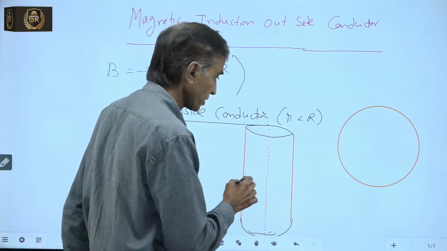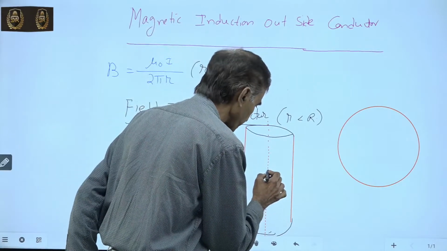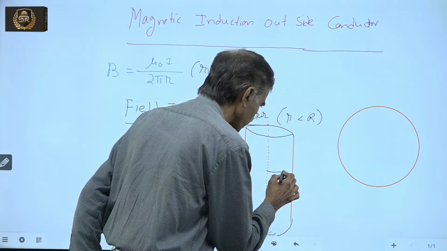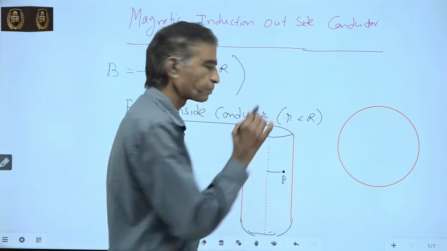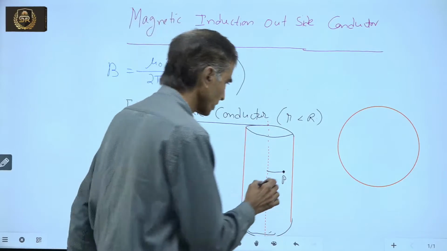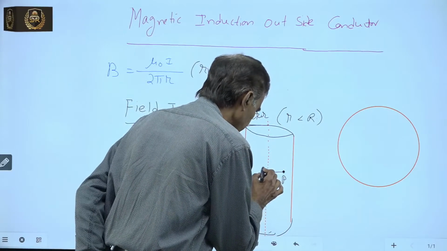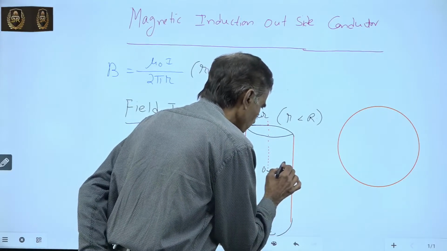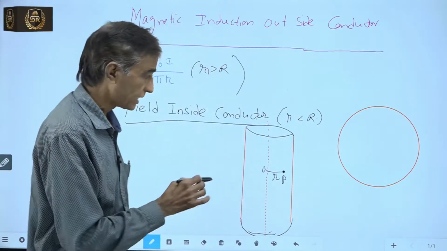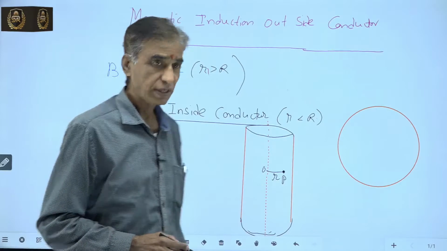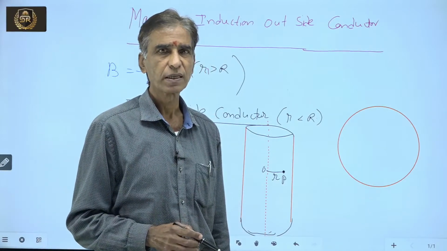Now we want the magnetic field at a point inside. This is our point P. From the axis, the point O, this distance is r. Radial distance is r.